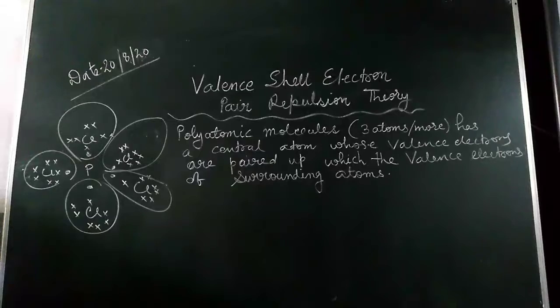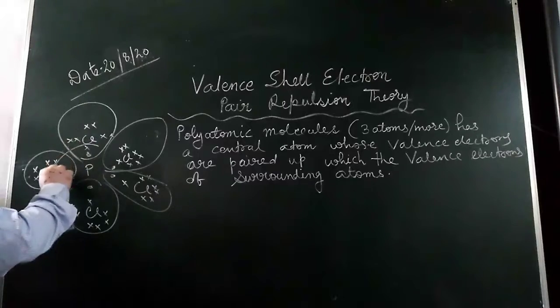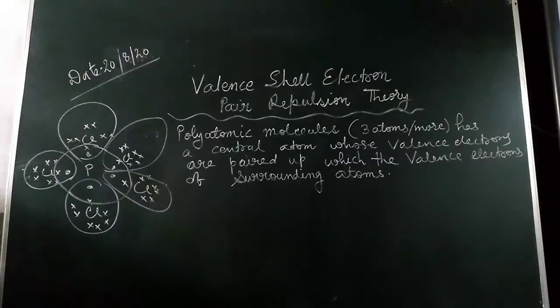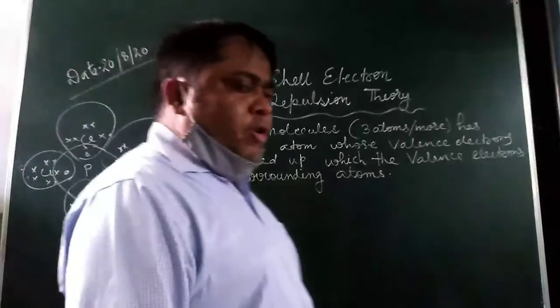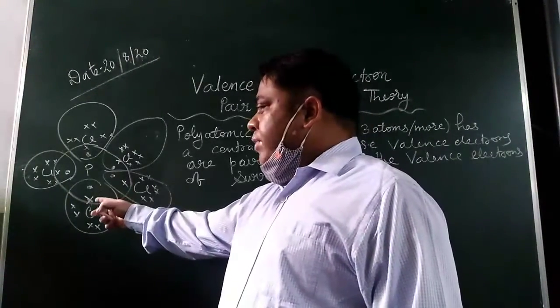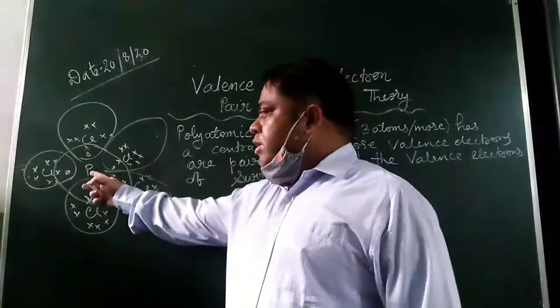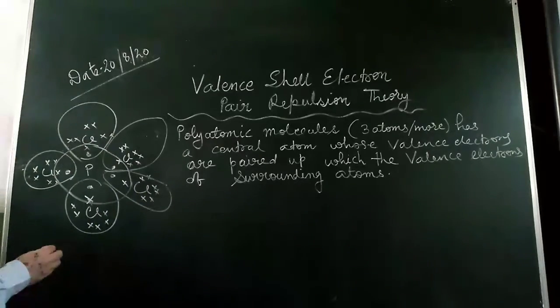So see, each of these chlorine atoms is able to complete its octet by sharing electrons with the phosphorus. Now since we are not discussing octet theory, although there are 10 electrons around phosphorus, it comes under the drawback of octet theory. You can again recall that octet theory had a drawback, that even if the octet was extended or not achieved, molecules were still stable. So in phosphorus you see that there are 10 electrons around it, but still it is stable. And in case of fluorine, 8 electrons are obtained by sharing.